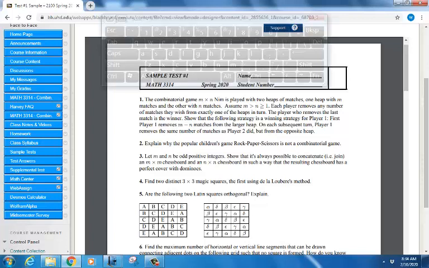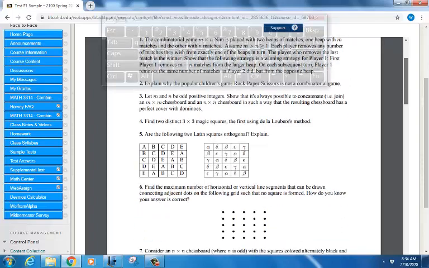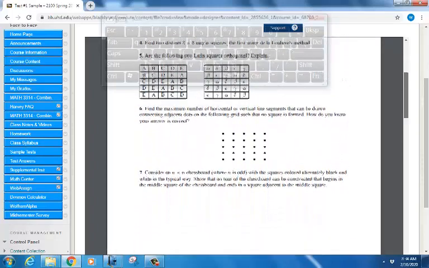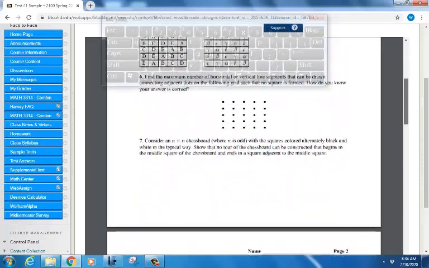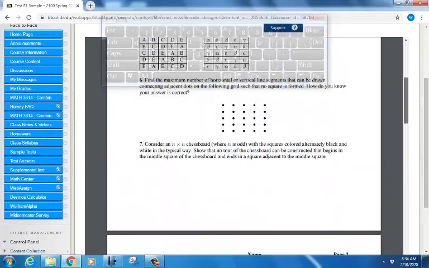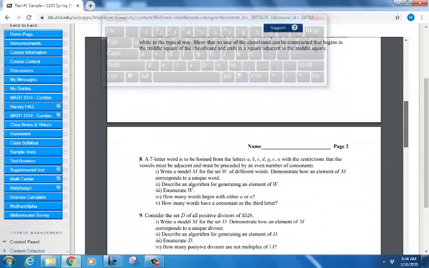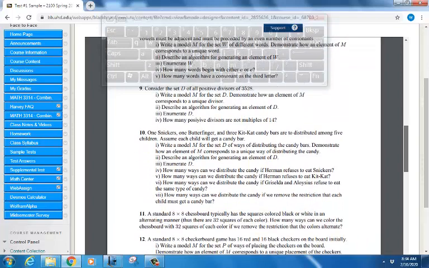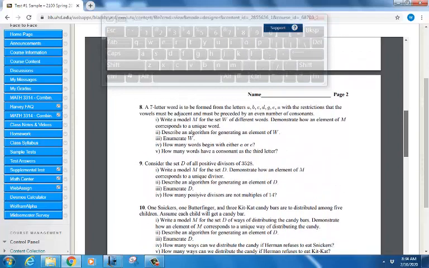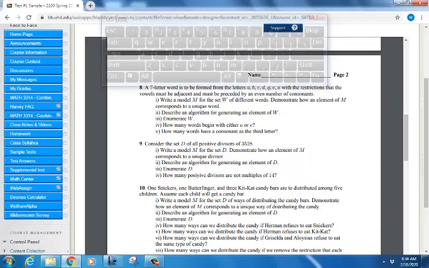So some of the questions are just definitional in nature, and then some of them are going to be a little bit more challenging. In particular, the counting sorts of questions at the end. Again, these are a lot of questions, so this is more than what you would expect on a test.